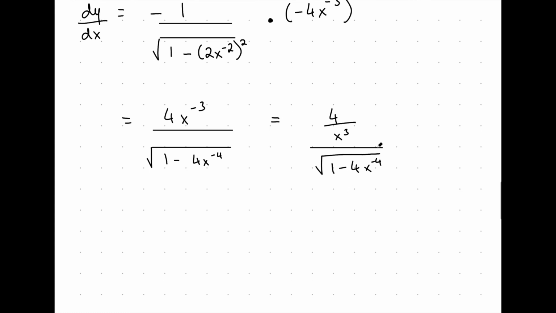So we're going to have 4 over x cubed times the square root of 1 minus 4 all over x to the 4. So a little bit of tidying up at the end, but that's just using our indice rules. There's no more new stuff there, no more differentiation or calculus involved. It was just a little bit of algebra.